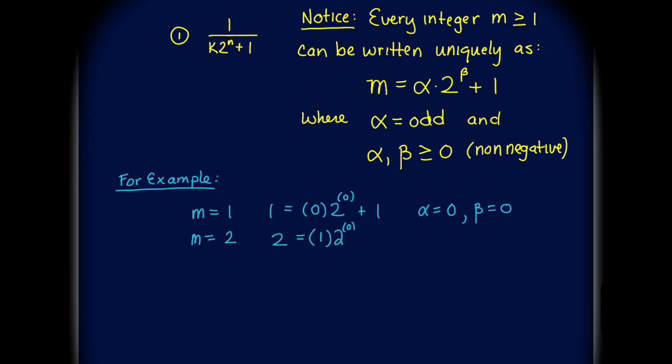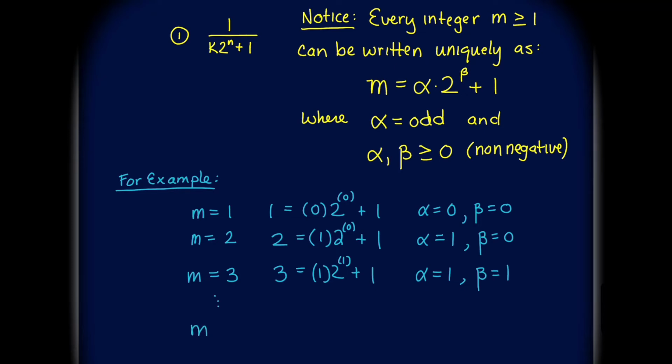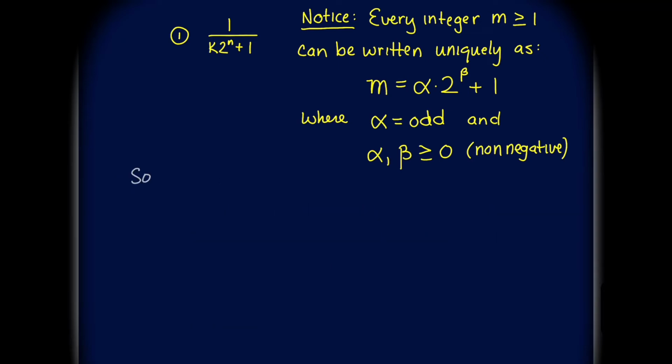We have alpha equal 1, beta equals 0, and 1 times 2 to the 0 plus 1 gives us 2. How would we make 3? 3 can be made by doing 1 times 2 to the first power plus 1. Let's choose a random number like 97. 97 can be written as 3 times 2 to the 5th power plus 1. So any integer can be written uniquely in this way.